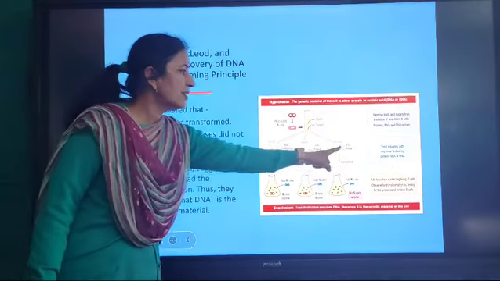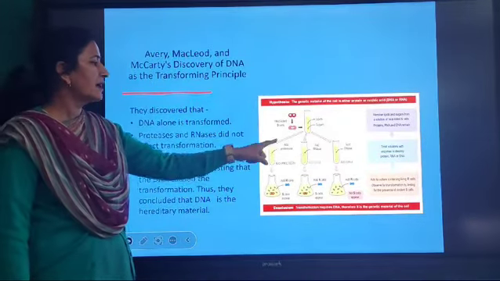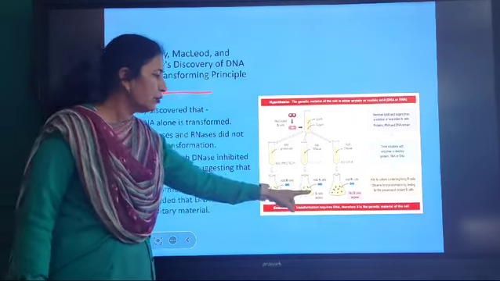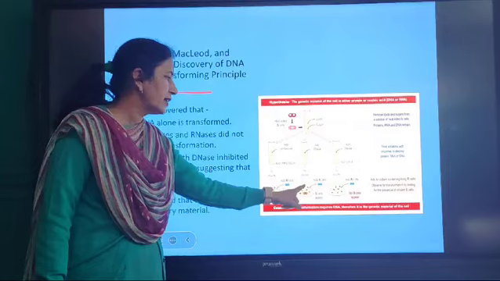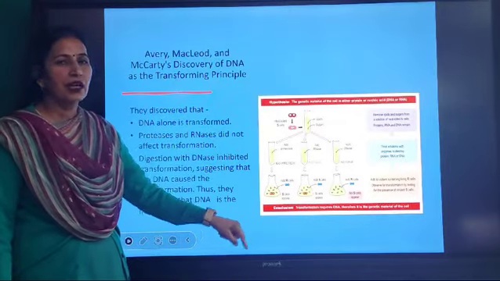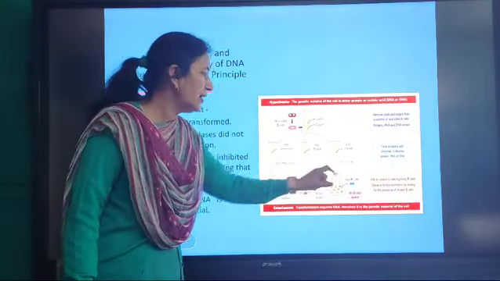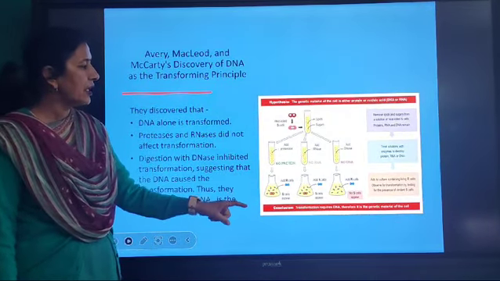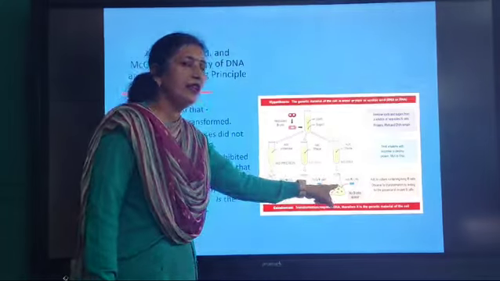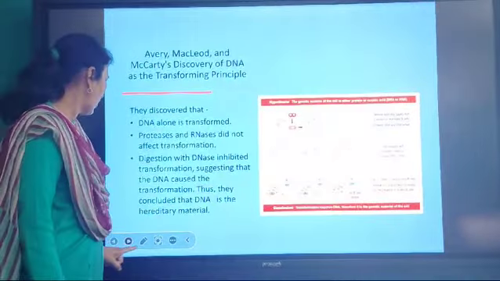Then they mixed them separately with the R strain and injected them into the mice. They found that in the first and second cases, transformation occurred, but in the third case, there was no transformation. This shows that it is DNA which helps in the transformation.